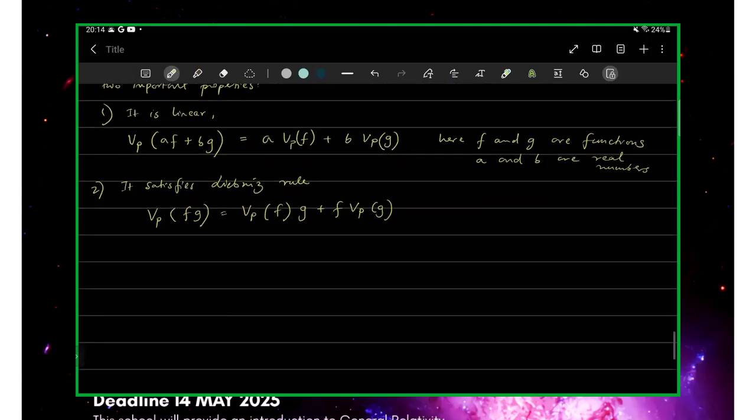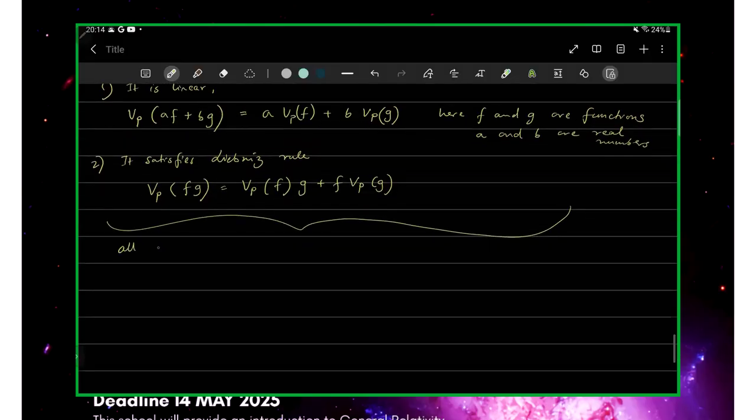So all of these properties will give rise to the idea that all vectors at point P form an n-dimensional vector space, which is called the tangent space. And the tangent space is denoted as TP M.